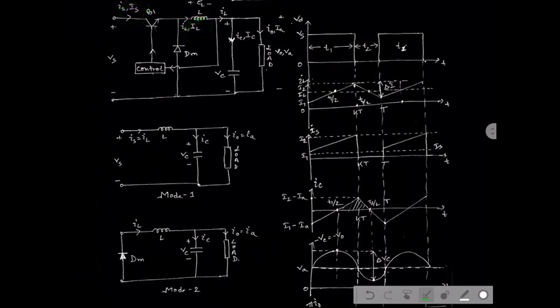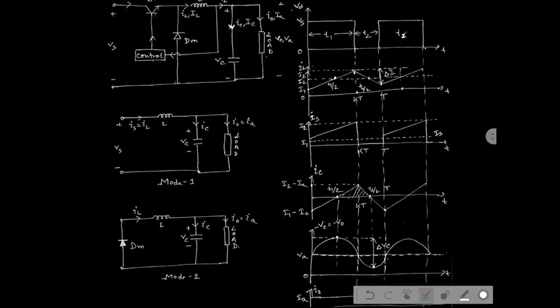Now see, the inductor starts storing energy from this point to this point and discharging from this point to this point. If we consider this particular region, we can say these peaks, defined by this, are called the peak to peak ripple current, defined by delta I. Okay, so this is all about the waveforms.